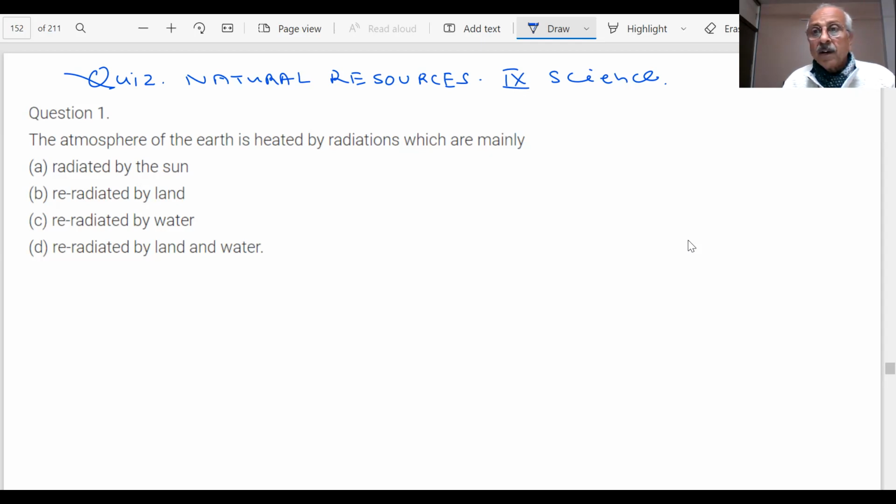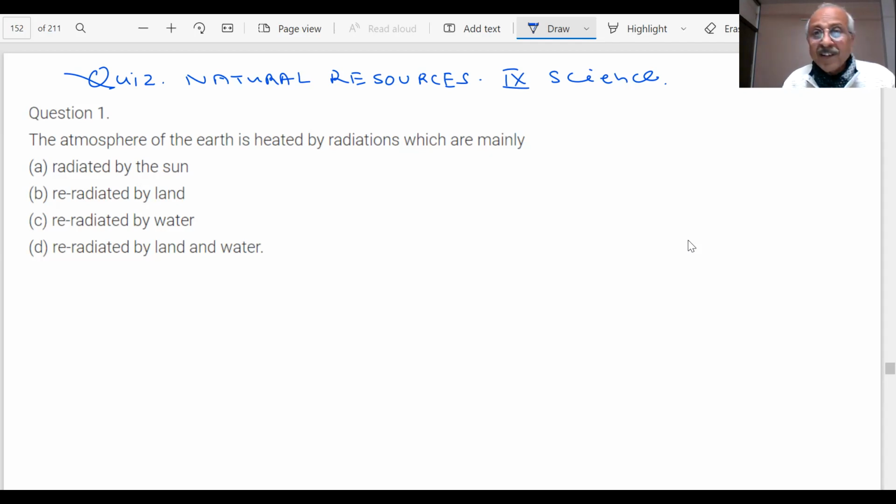Therefore, the key takeaway from natural resources is that they are very essential for life to exist. But if we are exploiting them and overusing them, this will disturb the ecological balance, students.